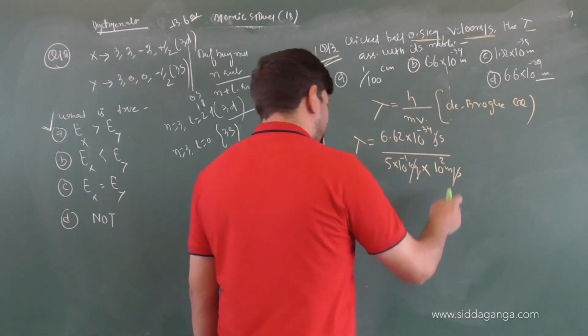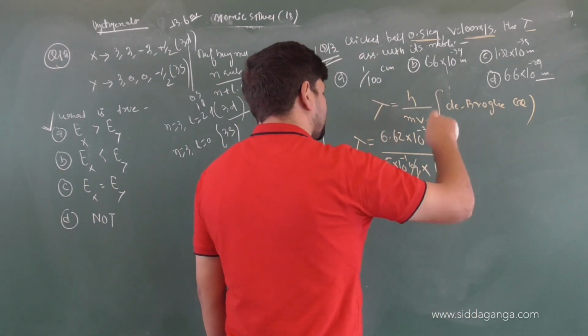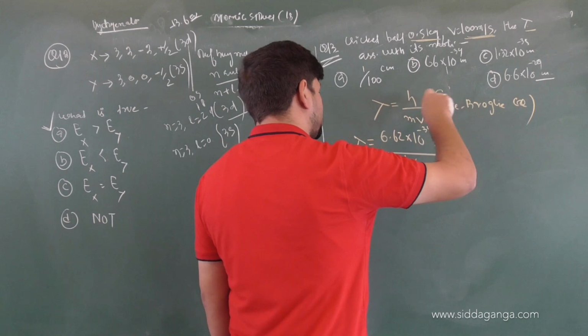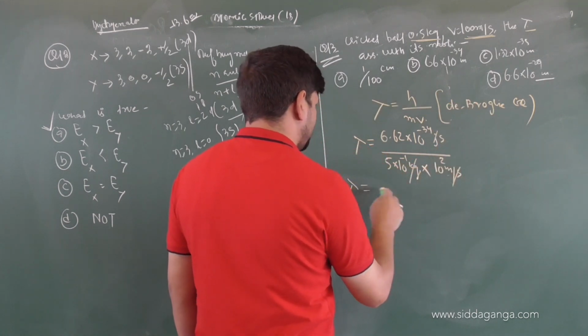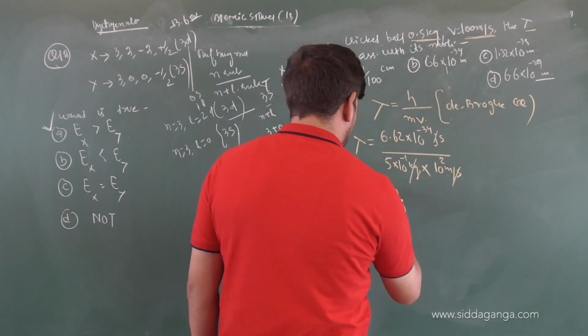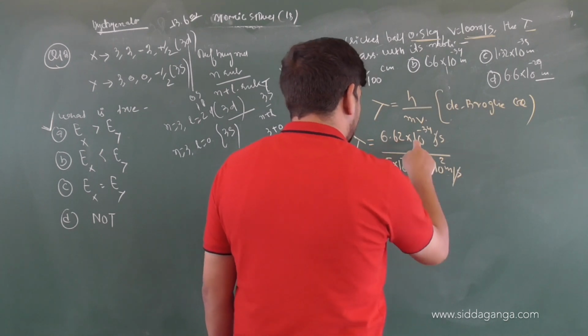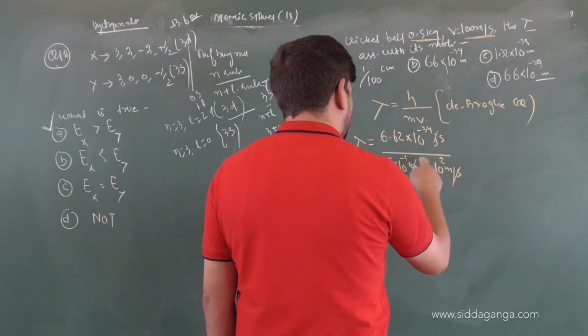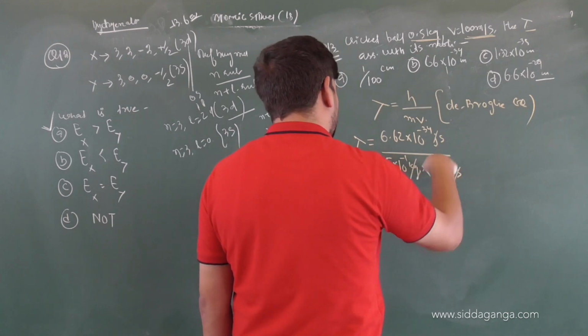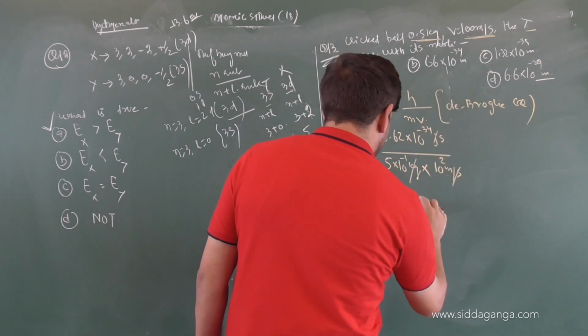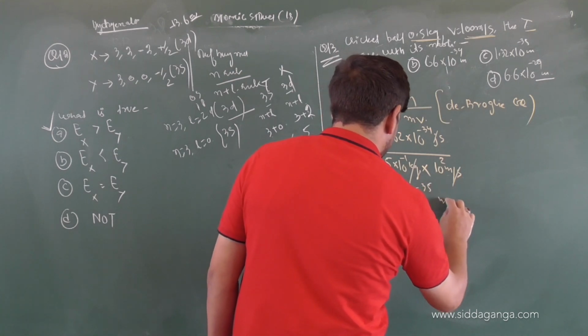The resultant will be meter. So lambda will be 6.62 divided by 5 into 10 to the power minus 34, 2 and 1 makes 10 to the power minus 35 meters.